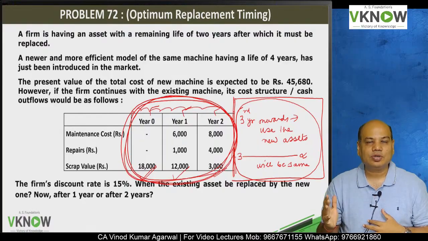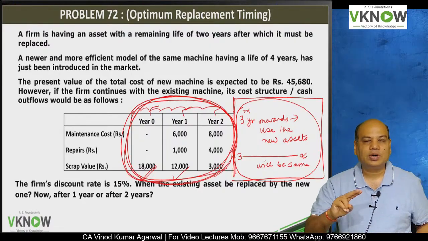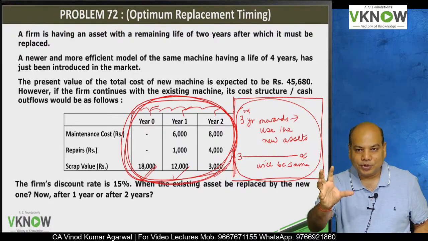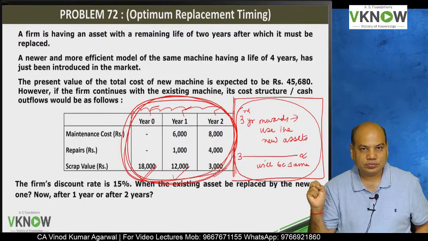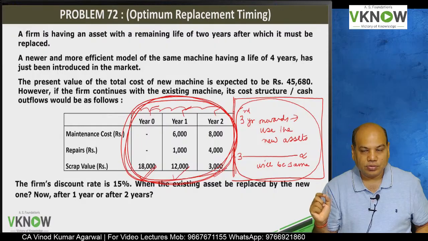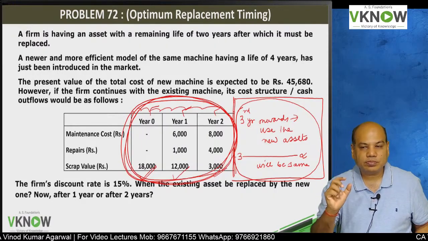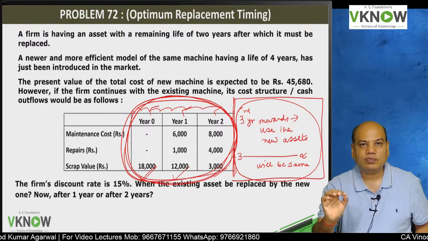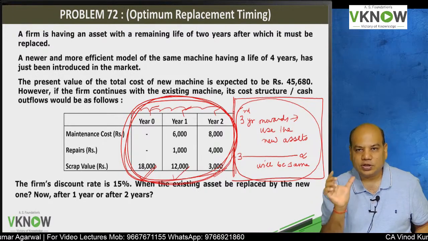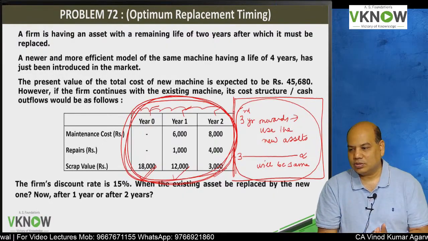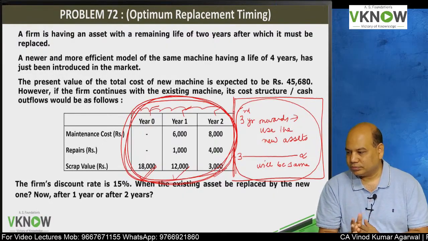Or if I decide to replace after year 2, I will compute the cash flows of year 1 and 2 only, compute their present value, and because it's a cost minimization problem, wherever my PV of cash outflow in the first 2 years will be lowest, that option we will take. Do you agree?